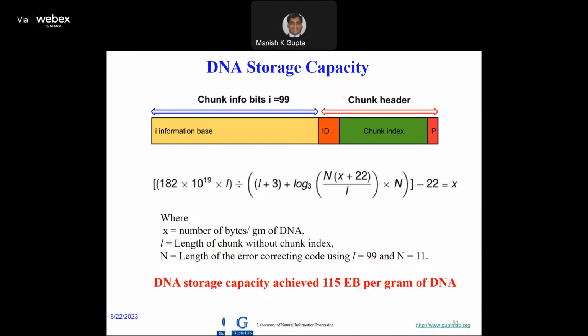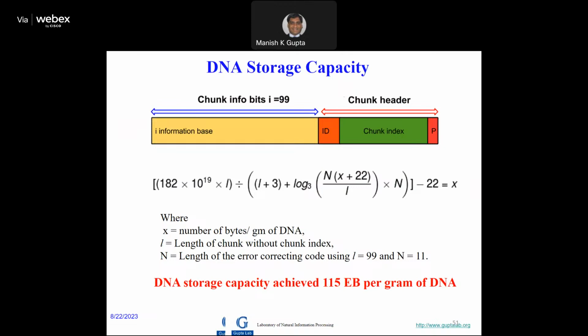Based on the chunk architecture, you can find out what is the capacity, how much capacity per gram of DNA. Whenever you are using any codec, you can determine the physical density. It's not a very difficult thing. It's probably high school mathematics calculations, right? So I leave it to you to compute that now.